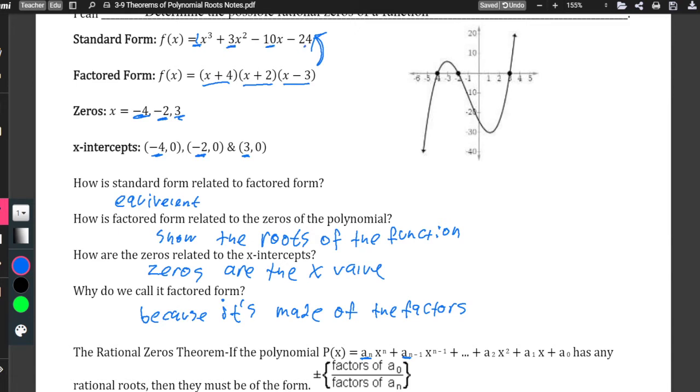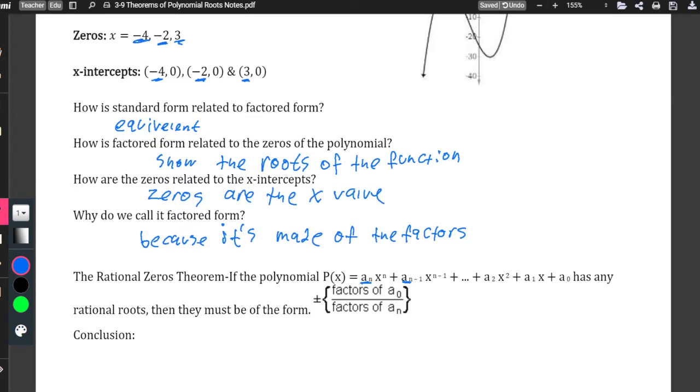A's are just our coefficients to each of our terms. The n just states which term it is. So this would be a3 x cubed, which a3 is just 1 in this case. I'm just trying to relate it.